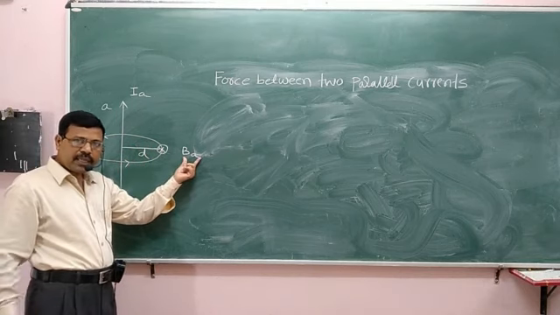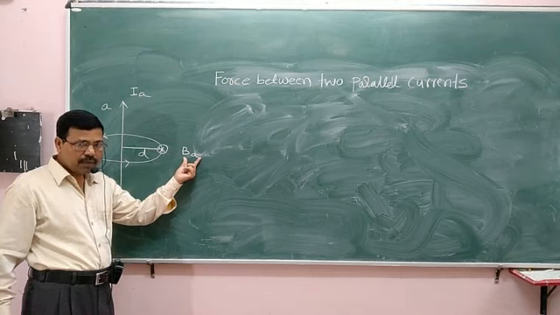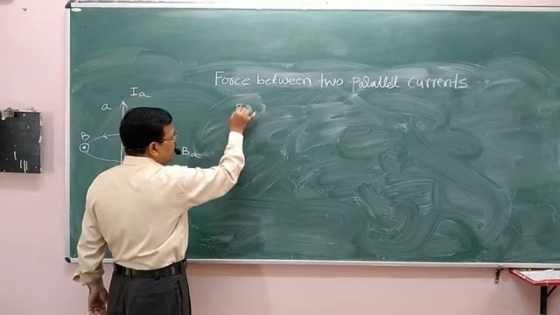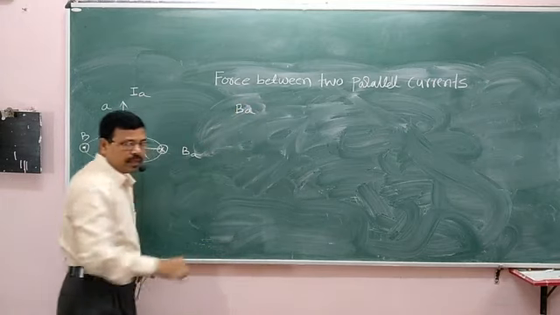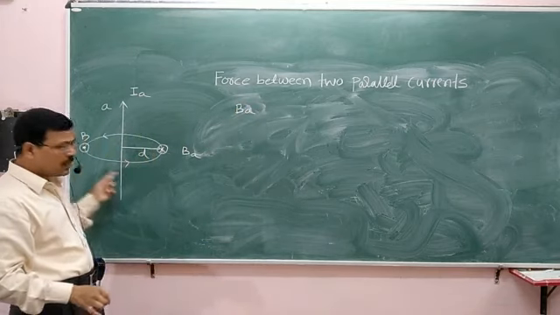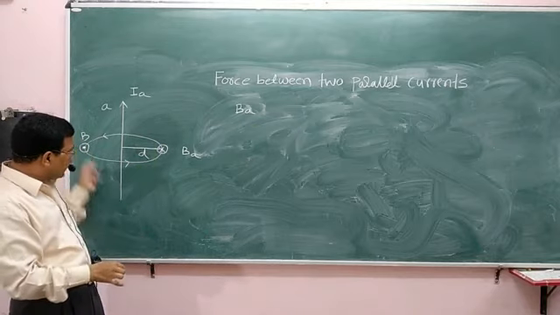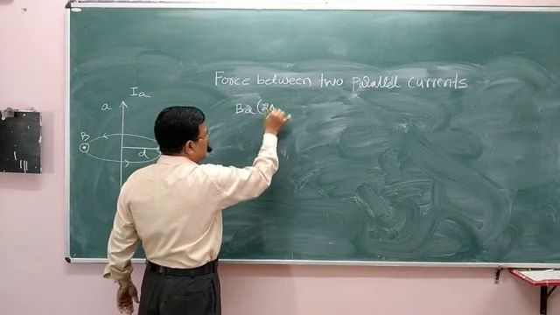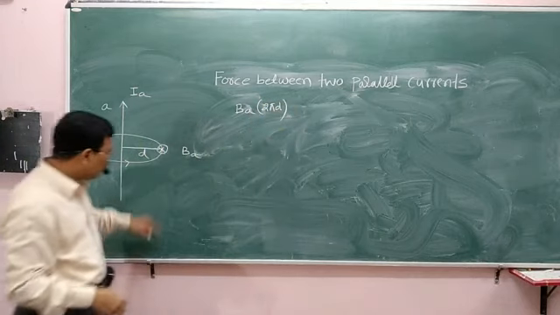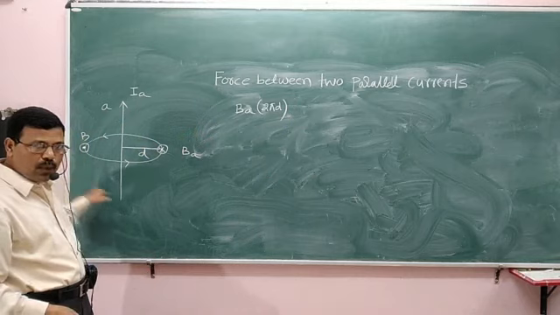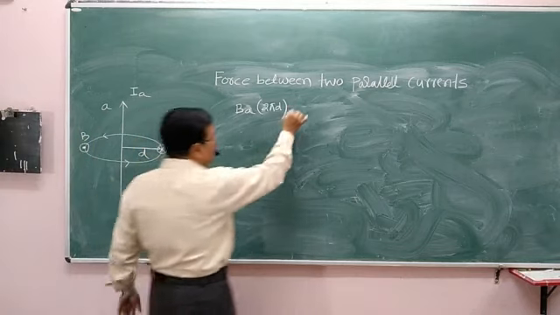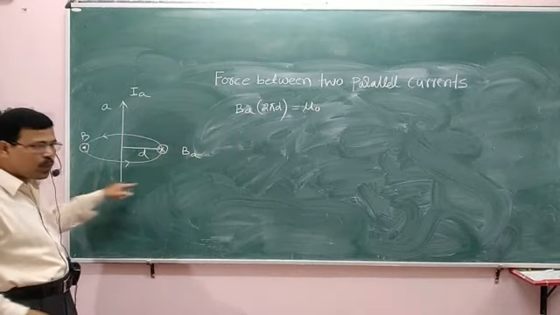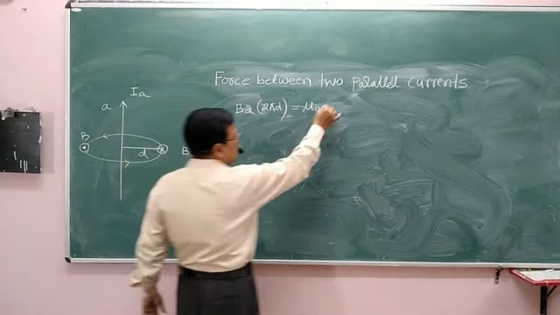As we studied Ampere's circuital law, by Ampere's circuital law, the magnetic field around the perimeter of this loop, perimeter 2 pi d, is equal to mu naught times the current enclosed by this loop, that is IA.